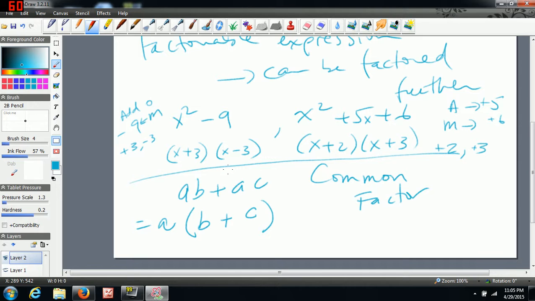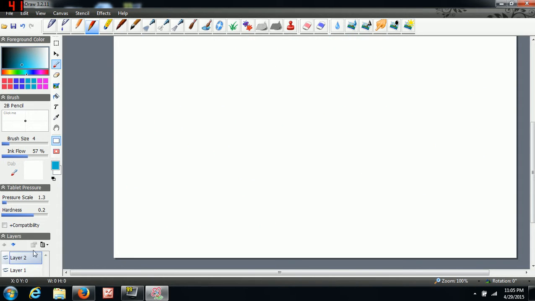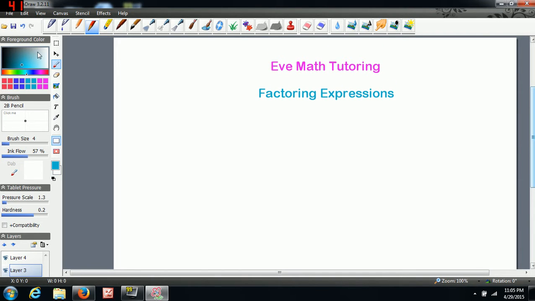So sometimes in mathematics, you could be asked to factor the expression. So let's do a few of those. Okay, let's do a few factoring examples.